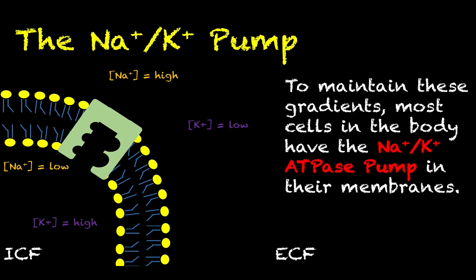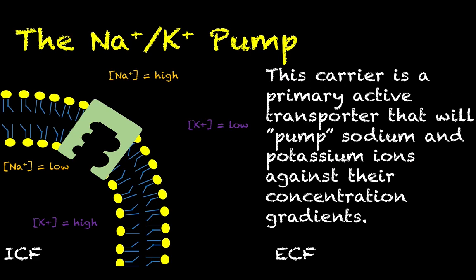And the answer to that quandary is the sodium-potassium pump. This large protein helps to maintain these very strong concentration gradients for both sodium and potassium by pumping them by primary active transport against their concentration gradients.